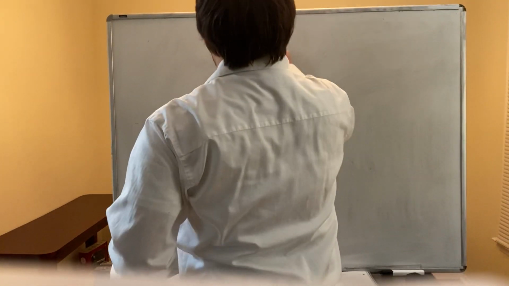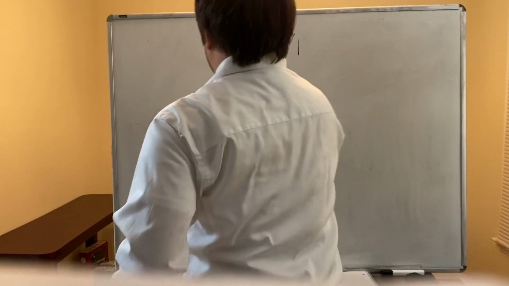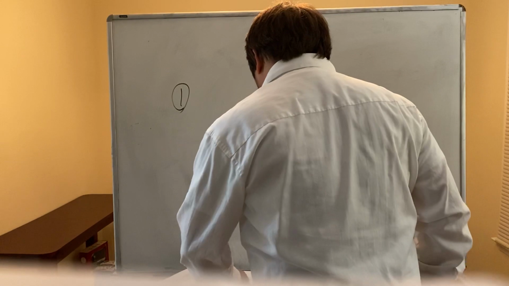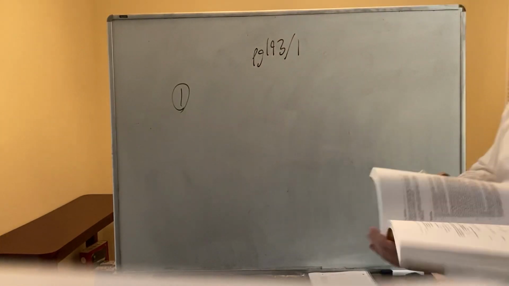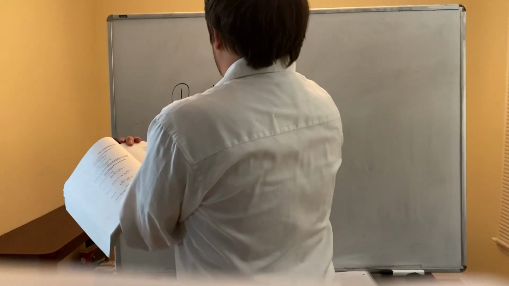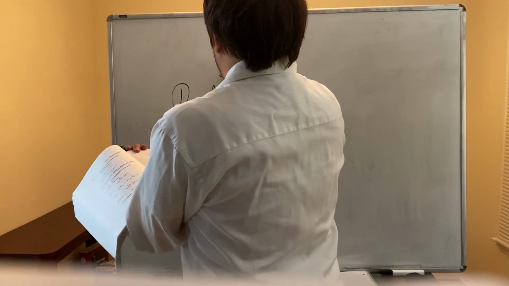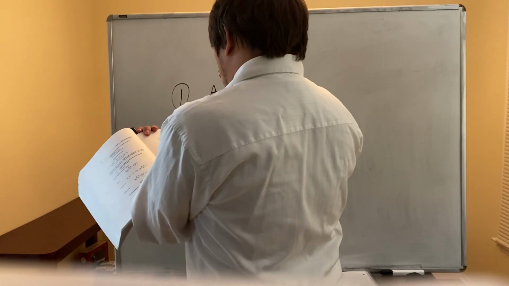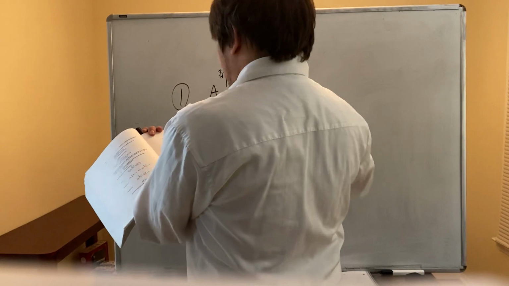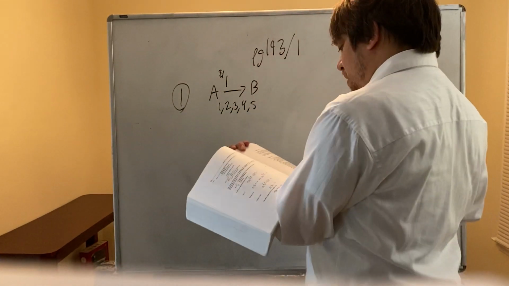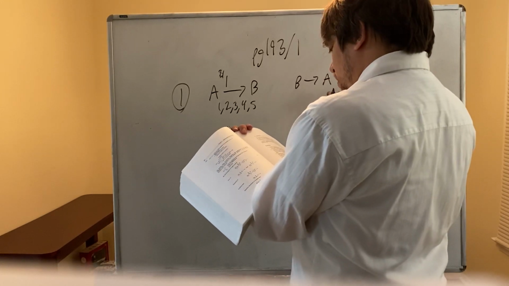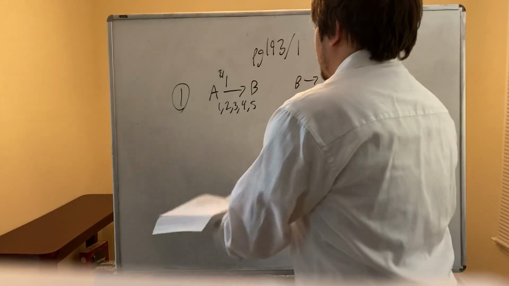Page 193, number 1. If player A pays player B $1 when the outcome of one roll of a die is a 1, 2, 3, 4, or 5, then in order to make this a fair game, what should player B pay player A when the outcome is a 6?